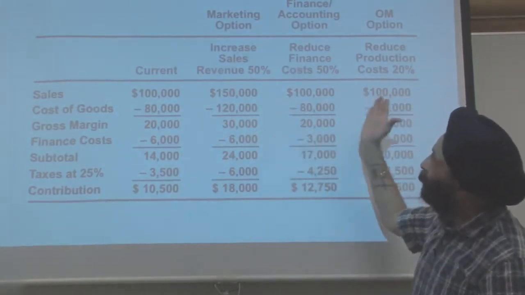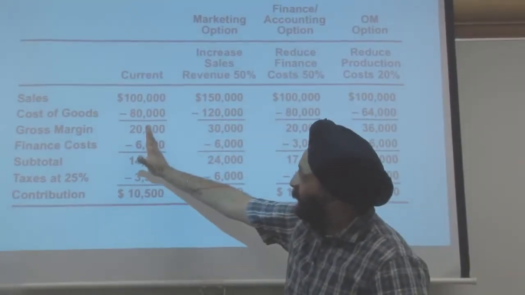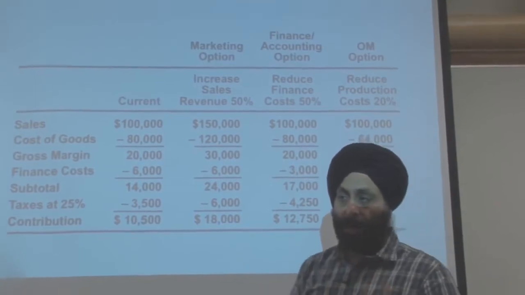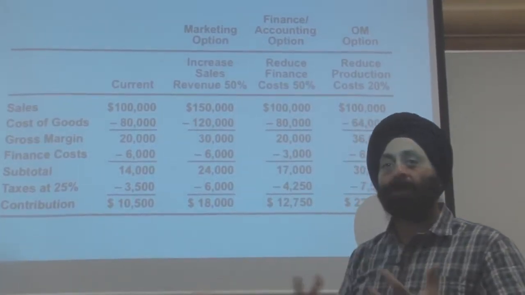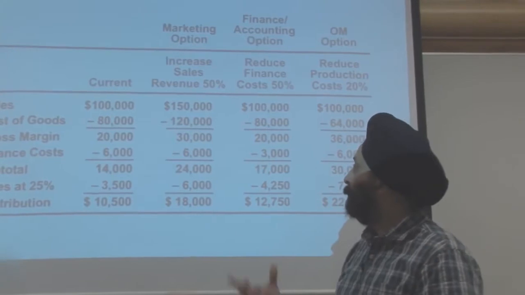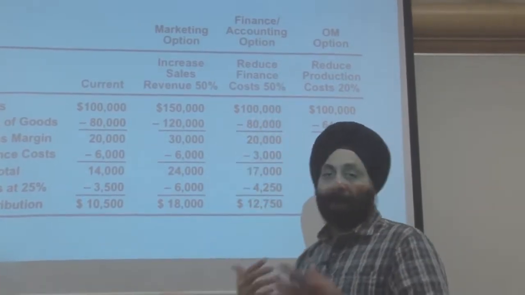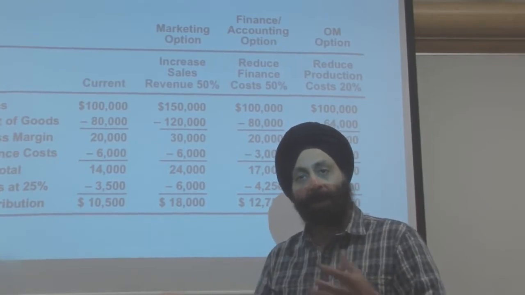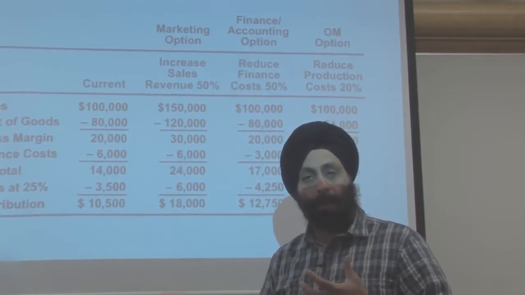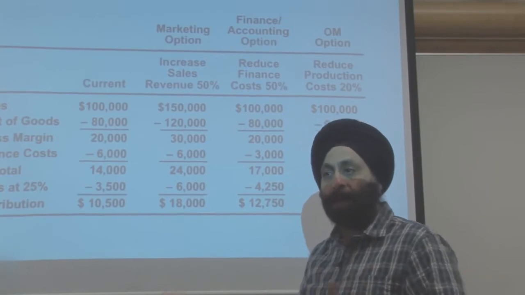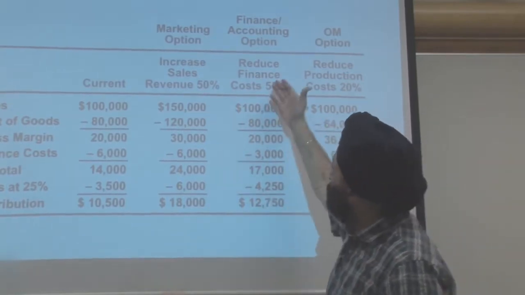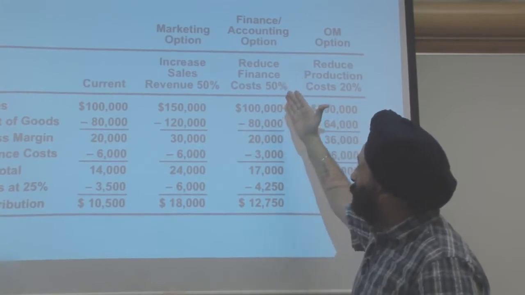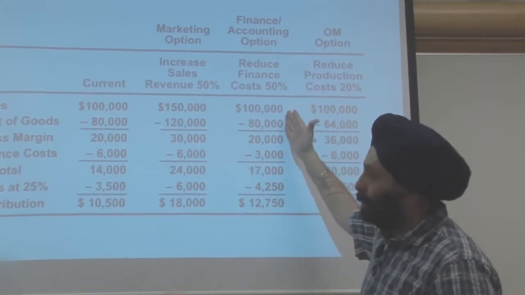Now let's go back to the baseline and look at the best case scenario of what finance or accounting offers to this picture. Even if we assume we hired a Wall Street whiz kid who can come and restructure our current loan, refinance that, and somehow get us a better loan option, let's say the finance cost is reduced by 50%.